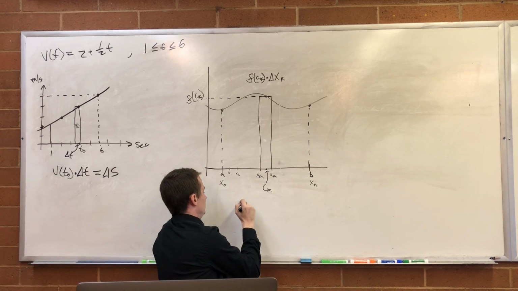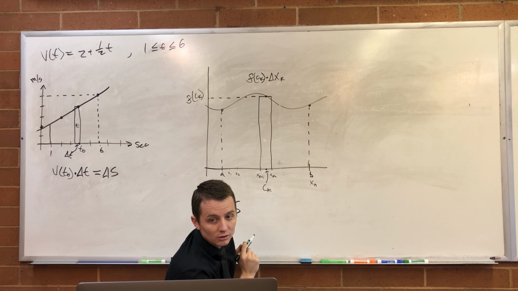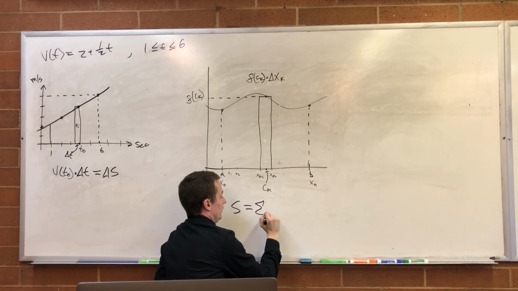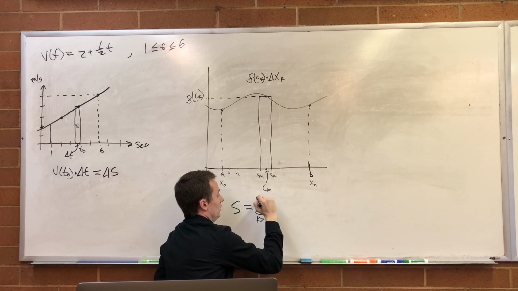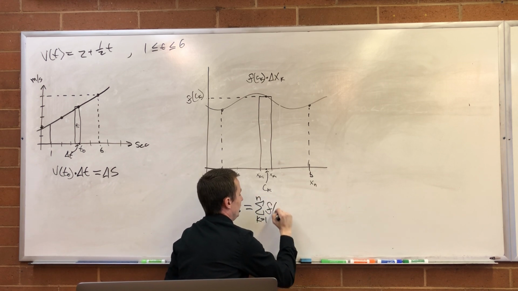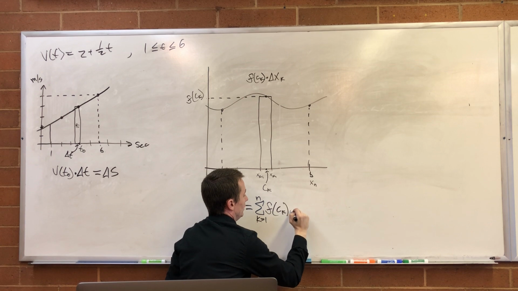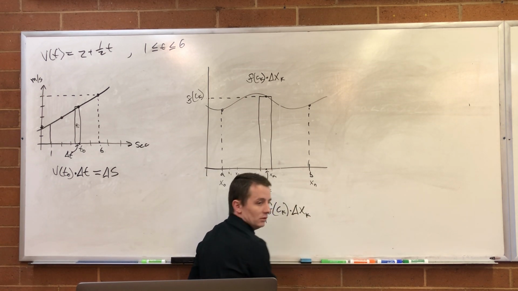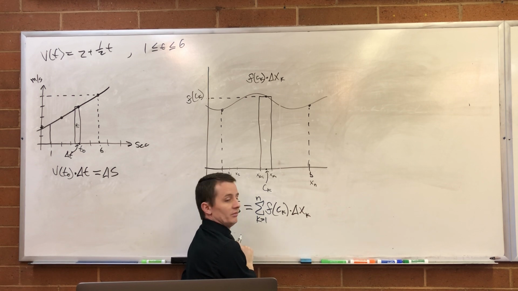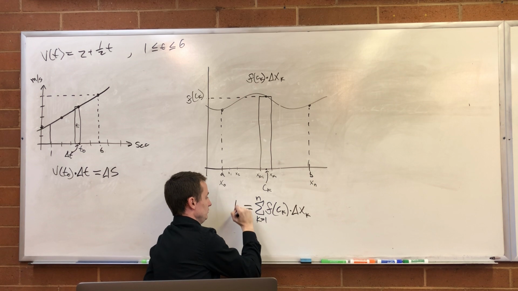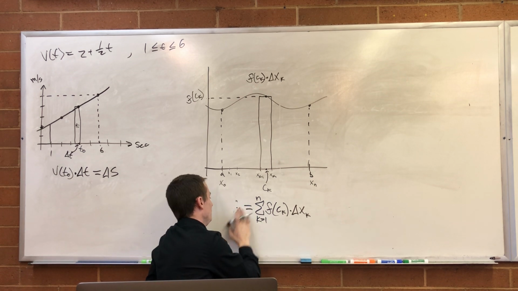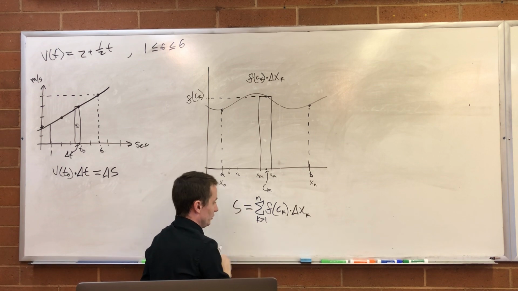The sum, the approximation for the area, is going to be the sum from k equals 1 to n of f of c sub k times delta x sub k. That's summing up all our, I'm going to call it area. Our area is approximated by that sum. Maybe call it the sum, since the area is only when we take the limit.